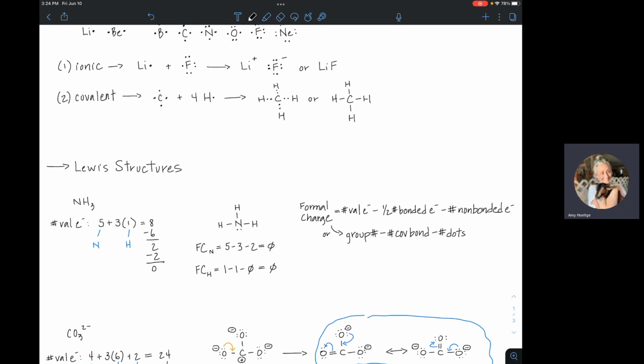It seems like no big deal. But then when we start talking about how we feel bonds might be formed, and we start looking at the valence electrons on an energy level diagram, say for carbon, you'd notice that two of the 4 valence electrons are paired up in the 2s orbital, and then the other 2 valence electrons are occupying 2 of the 3 p orbitals singly, right?